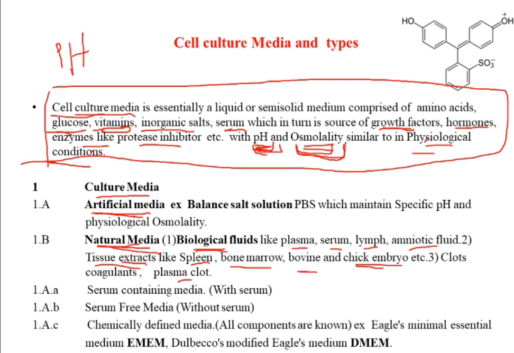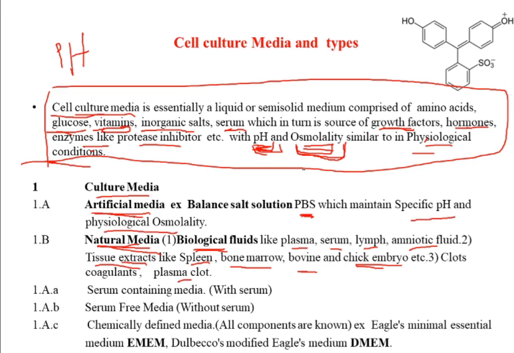For example, we have artificial media also. The examples of artificial media is a balanced salt solution like PBS, phosphate buffer saline, the saline solution, which maintains the specific pH and physiological osmolarity of a cell.